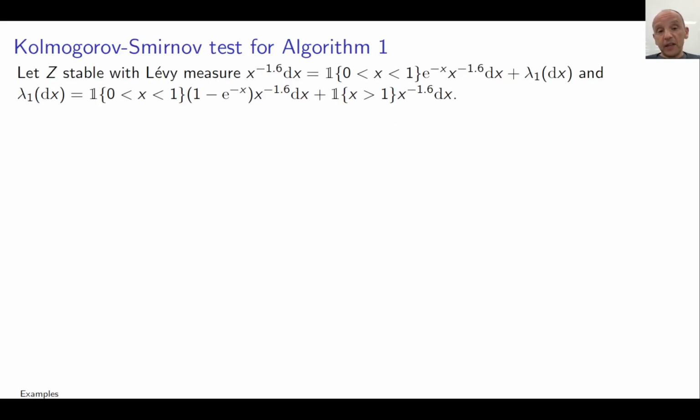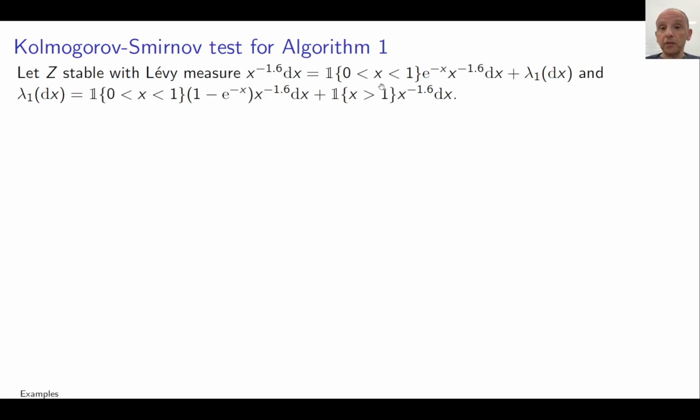Okay. Now one can have a little bit of fun with this algorithm. For example, if we choose Z to be stable, so its Levy measure is proportional to this, we can nevertheless decompose it in this way and fit it into our class. So we make it tempered stable around 0, and then perturb this tempered stable by a finite activity compound Poisson process.